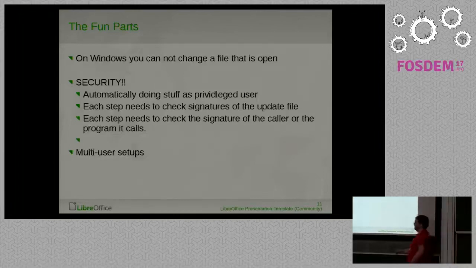And a huge problem that we have is multi-user setups. We don't store any installation information in a location that a user can change. So we can't store the information that we currently have started an update process until we reach the stage that we have the update service running.